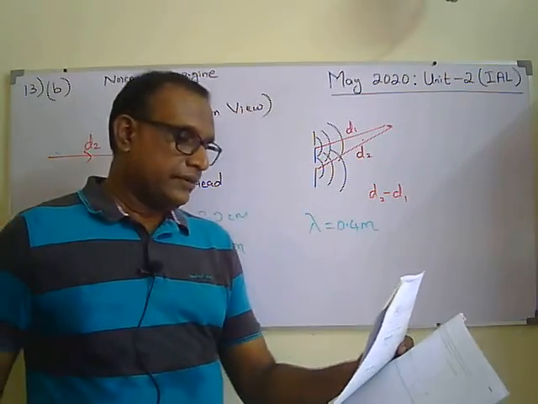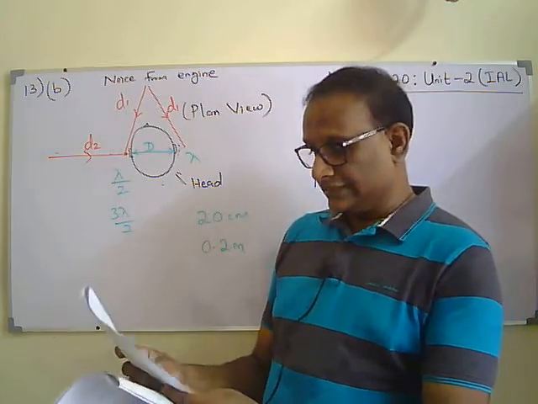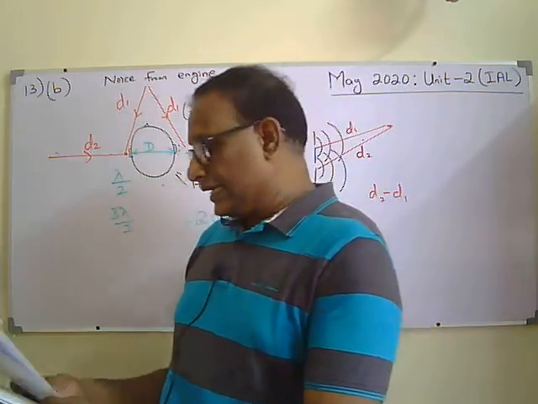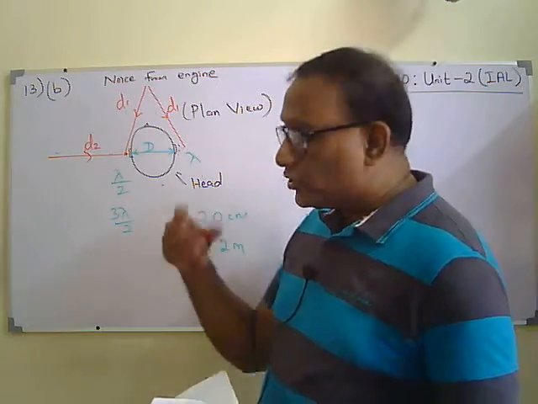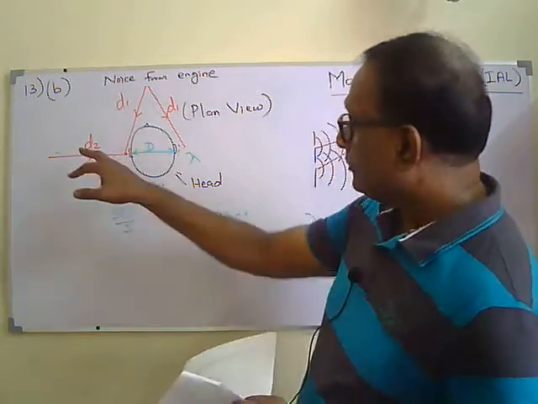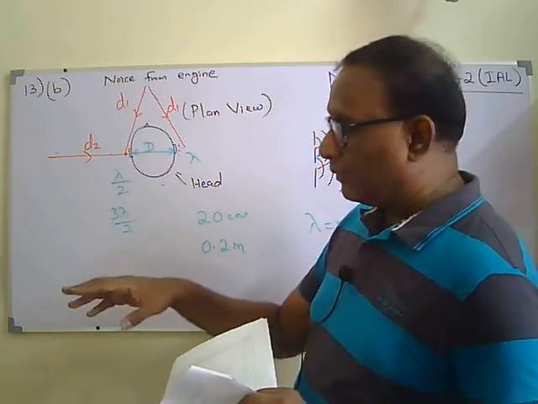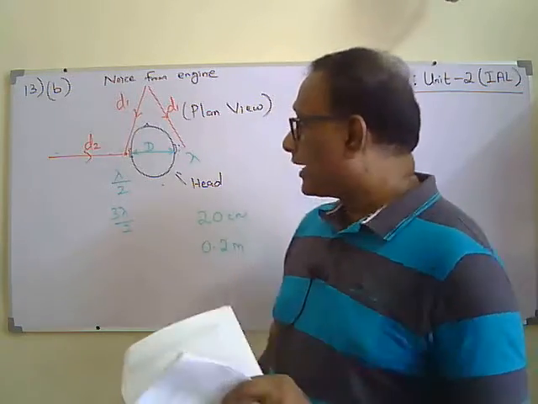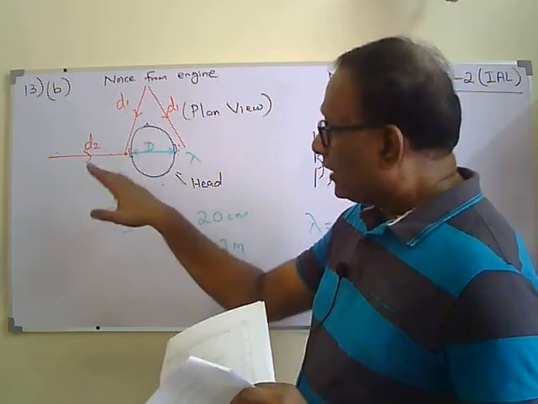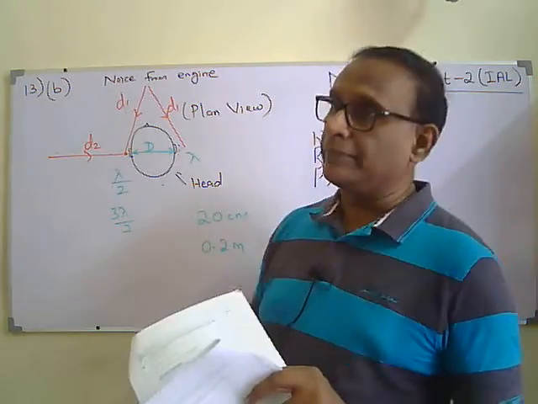Okay, so what can be the points to get 6 marks? You can say like this. Now you can say if two waves want to produce constructive superposition, the path difference should be integer multiple of lambda, 2 lambda, 3 lambda, or you can say if they want to have destructive superposition, path difference should be lambda by 2 or multiple of lambda by 2.